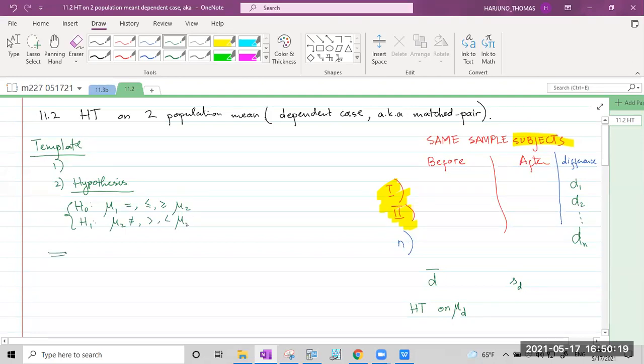But because we need a constant, we subtract both sides by mu2. That's how we get the constant.